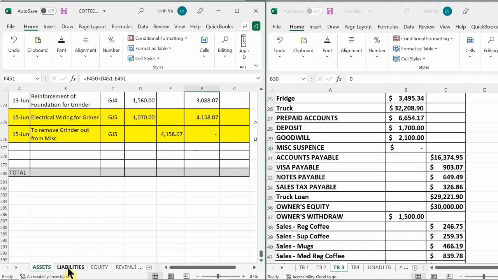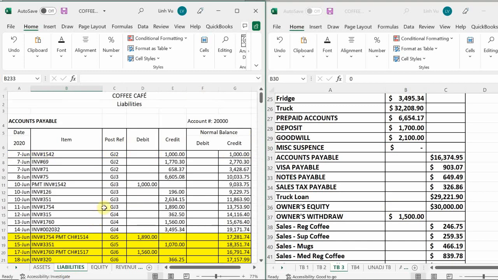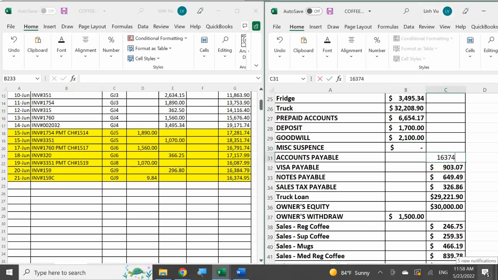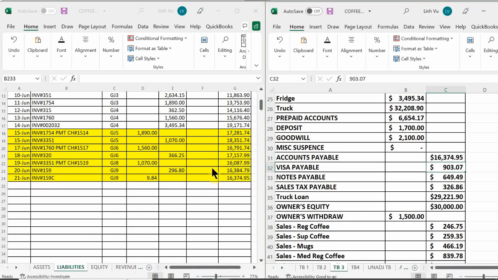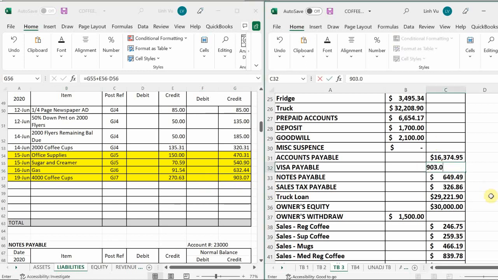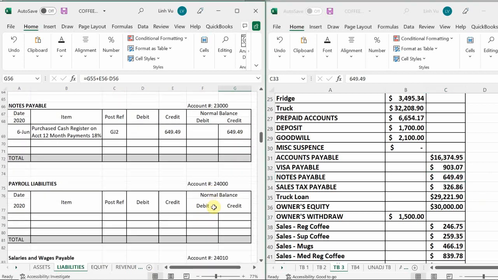So my assets are fine. My liabilities, let's check them one more time. My liabilities is at 16,374.95. So let's type that in again. 16,374.95. Okay. My credit card is currently at 903.07. Okay. My notes payable is still $649.49.